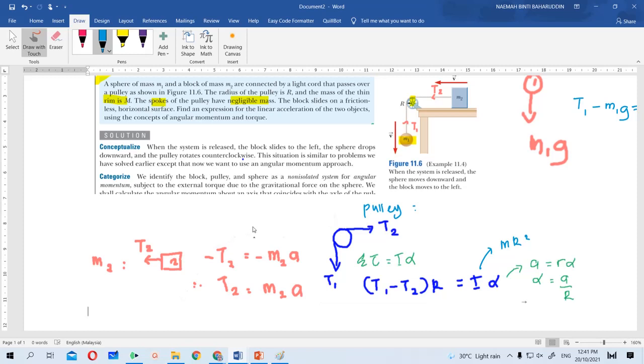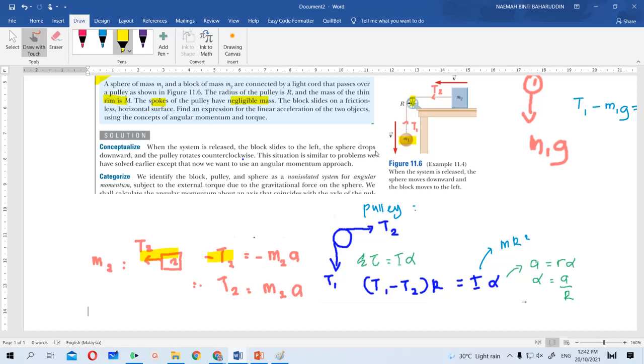Our second expression comes from the block. According to the figure, there is no friction and only one single tension acts on it, away from the object as given. So this is how it looks. When we put it into Newton's law, we find negative T2, tension 2. There will be a different tension because we have an object at the center.